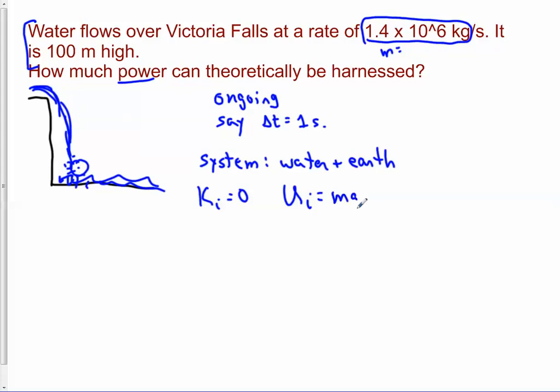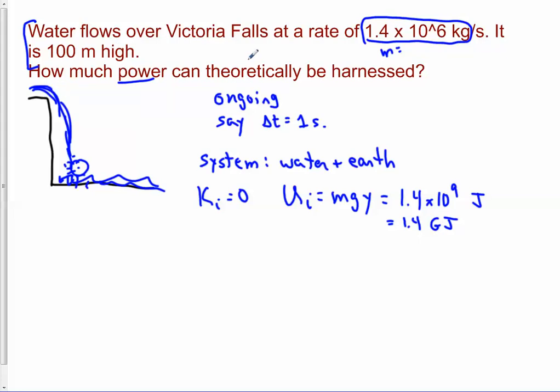So we would have mgy. We've got our m, of course we know g, and y is 100 meters. When you plug that in, you get about 1.4 times 10 to the 9 joules. That is 1.4 gigajoules. So, a lot of potential energy.